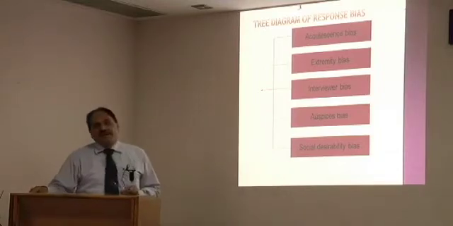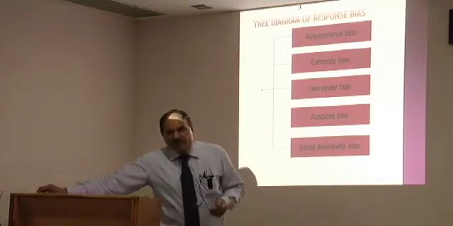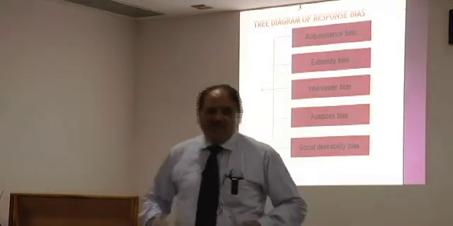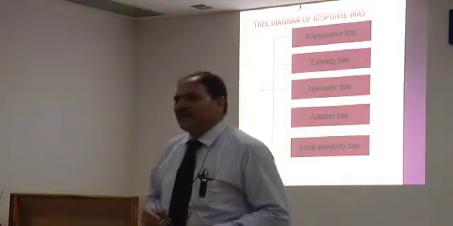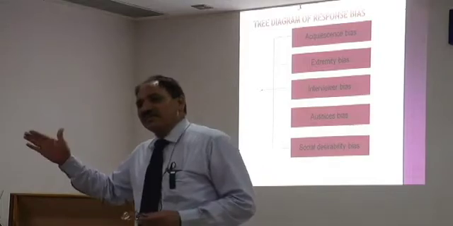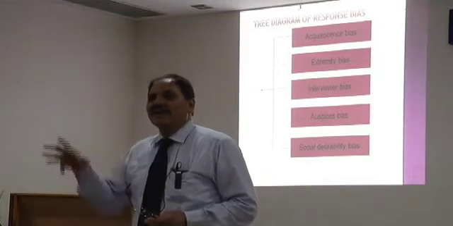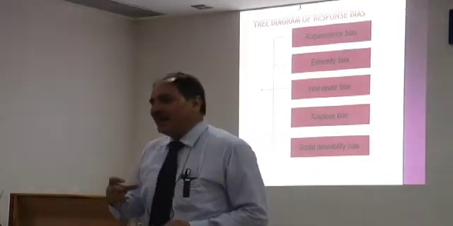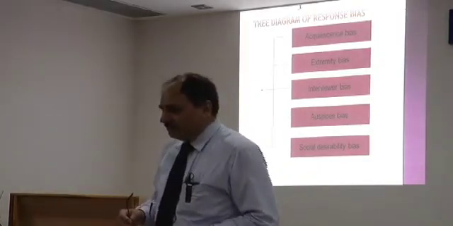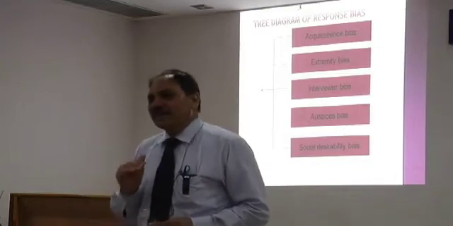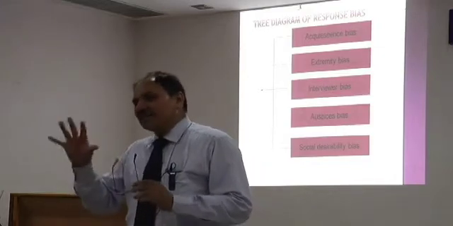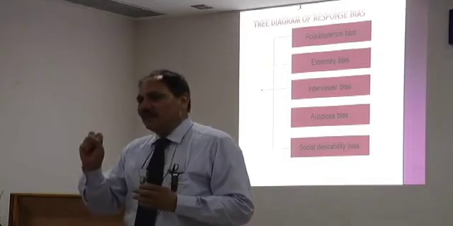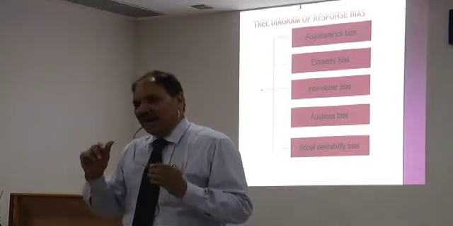The second is extremity bias. These are people who would give extreme response. Okay, when they are happy with a particular aspect, they will give extreme positive, and when they are not happy with something, they will give extreme negative. If you talk about a brand and if you say quality of that brand, a number of times there are customers who would give a balanced response, that these are the problems in this product and in this brand and so on.